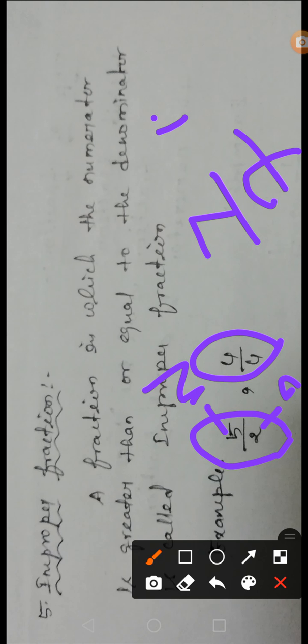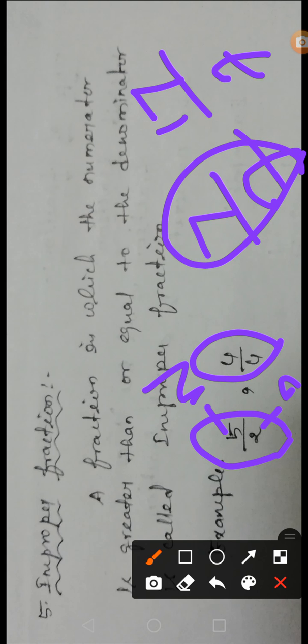Then 17 by 7 is also improper, because the numerator is greater than the denominator.